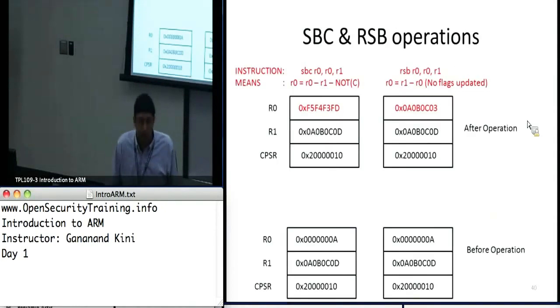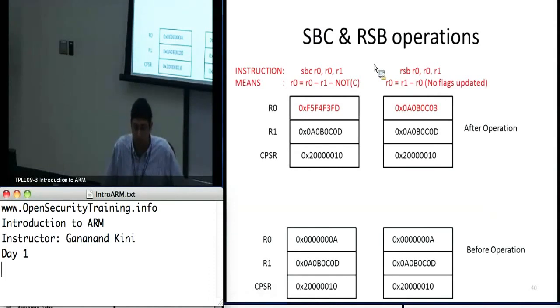So I wanted to add an example for the subtract with carry and reverse subtract operations. Here in this example, I have hex A and R0 for both. This is sort of before the operation below and after the operation.